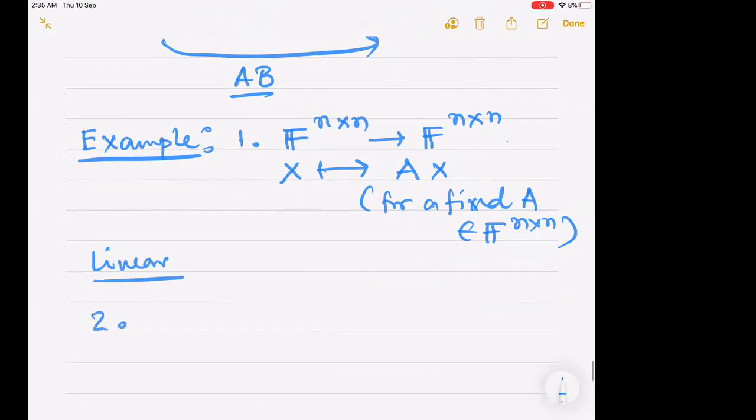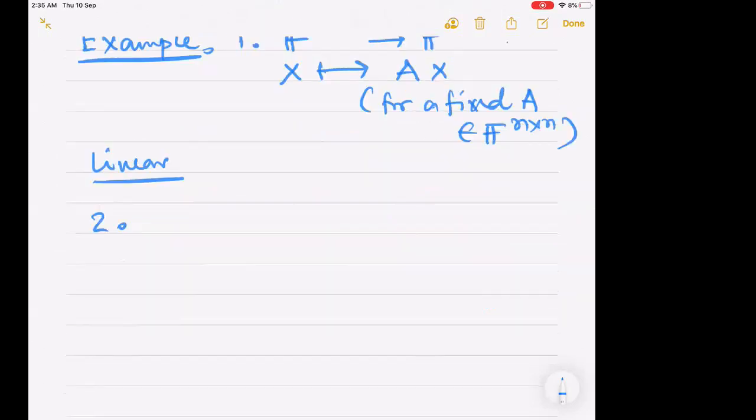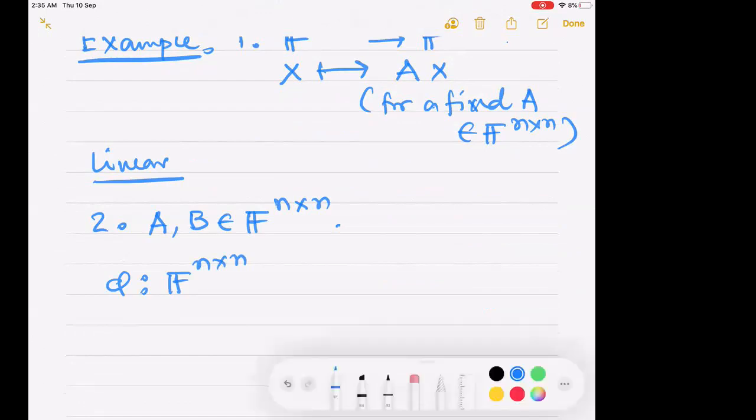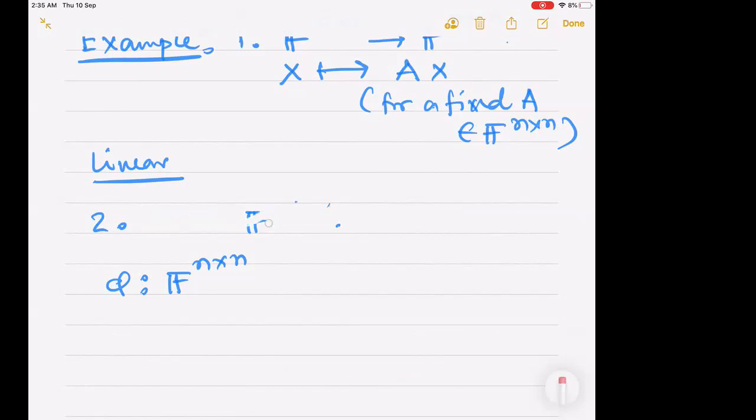Not just that, you can define something like, so once again, suppose A and B, two matrices are given to us, both of size, let's say, n cross n. And then one can define a mapping phi from F n cross n. In fact, let me make it a little more general than this.